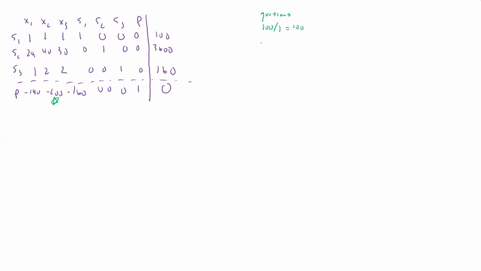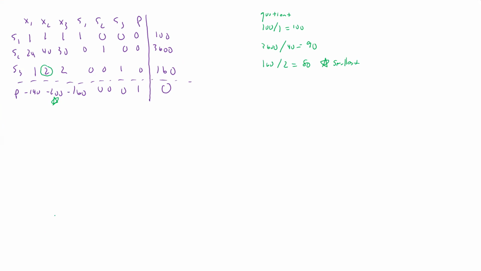Then we take 3,600 divided by 40, and that gives us 90. And then we take 160 divided by, it looks like a 2, so that's going to be 80. Well, 80 is the smallest, so that means it's going to be the second column and third row. So that is going to be our pivot point.